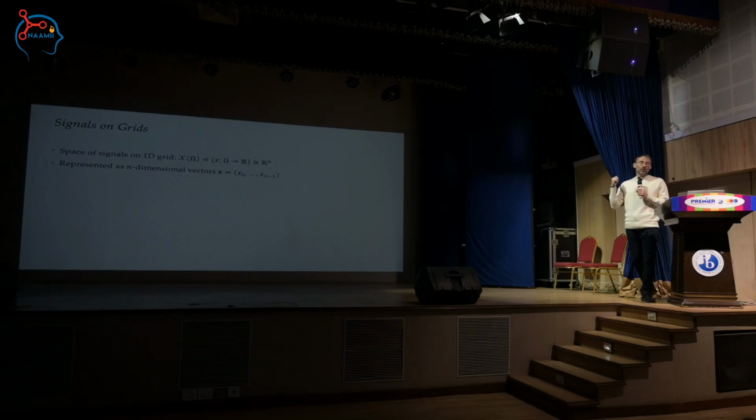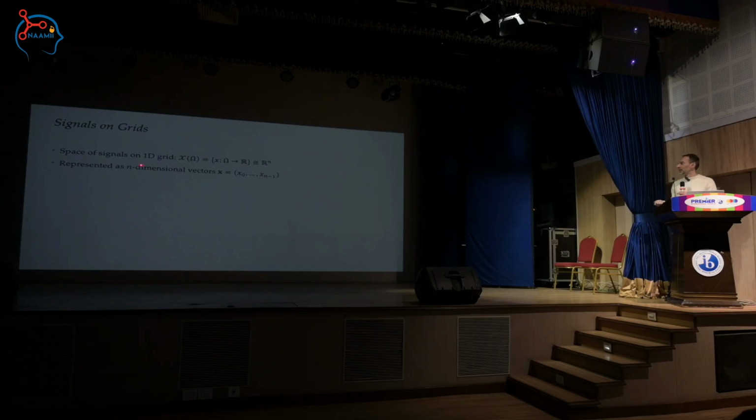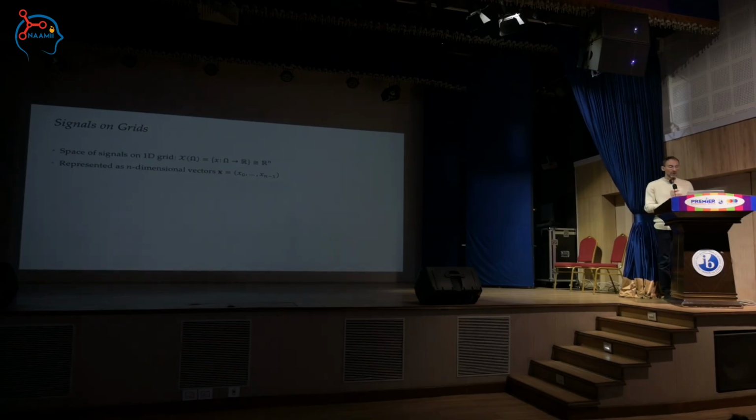So we define the domain. We need to define signals on our domain. So we have a space of one-dimensional signals on the grid, which is equivalent to R^n, right? n is our number of points on the domain. We can represent them as n-dimensional vectors. And here, allow me to use, just for convenience of these modulo n arithmetics, to index the elements of these vectors from 0 to n minus 1, rather than from 1 to n as we did before.